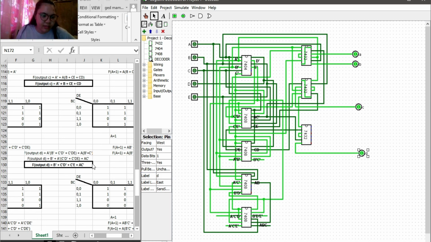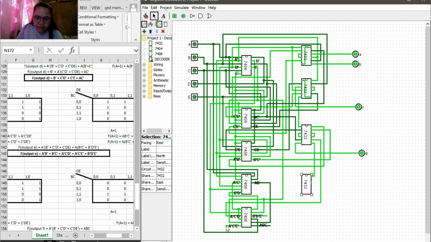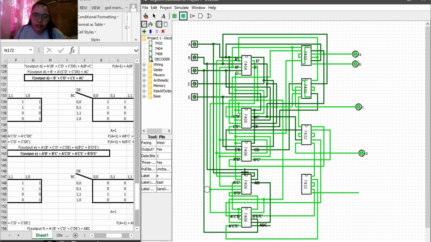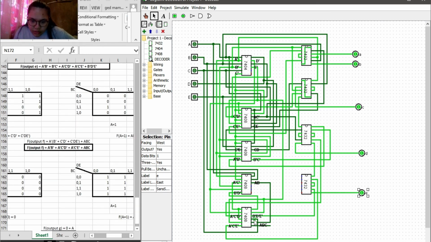Now let's proceed to output E. A and B or B and C. The output of this is output E. Next is output F. We have this and then this.